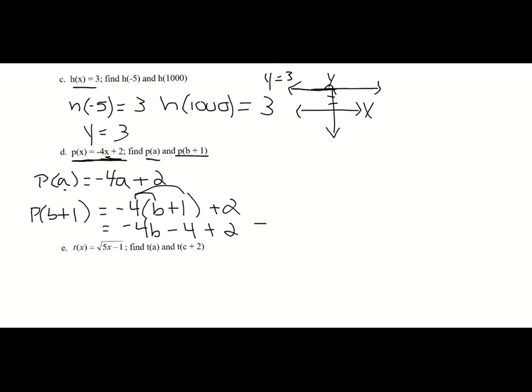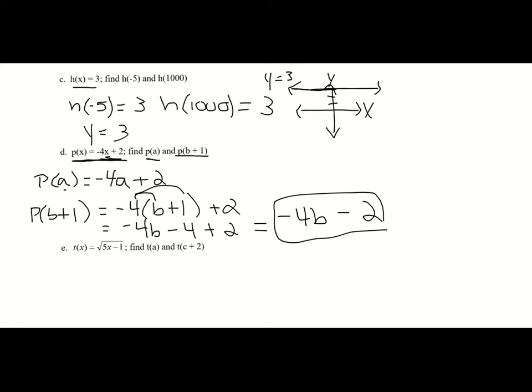And then we can finish it off by combining those like terms, negative 4 plus 2. So we'll have negative 4b, and then negative 4 plus positive 2 will give me a negative 2. So that will be my final answer for that one.